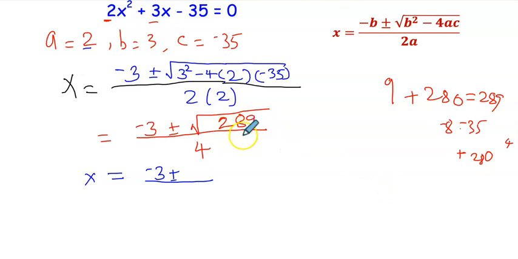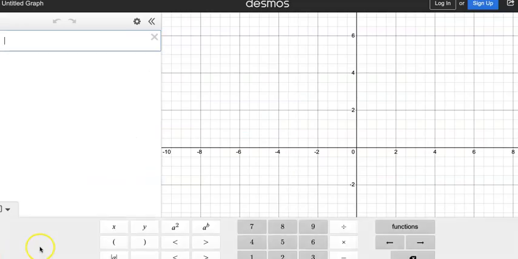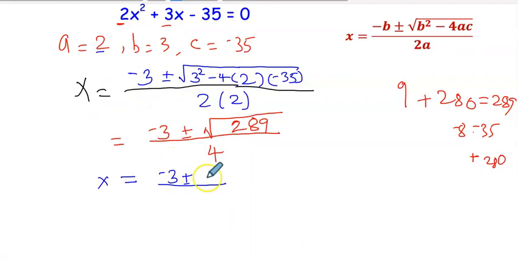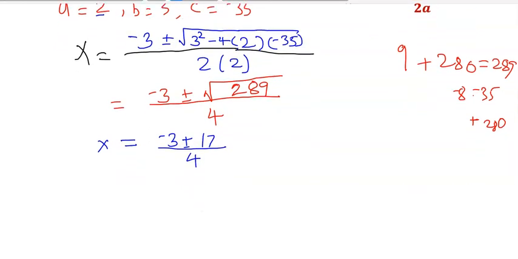It appears to be a perfect square, right? It's a square number. 17 times 17 is 289. So the square root of 289 is 17. Alright, let's continue. So I will write 17 divided by 4.